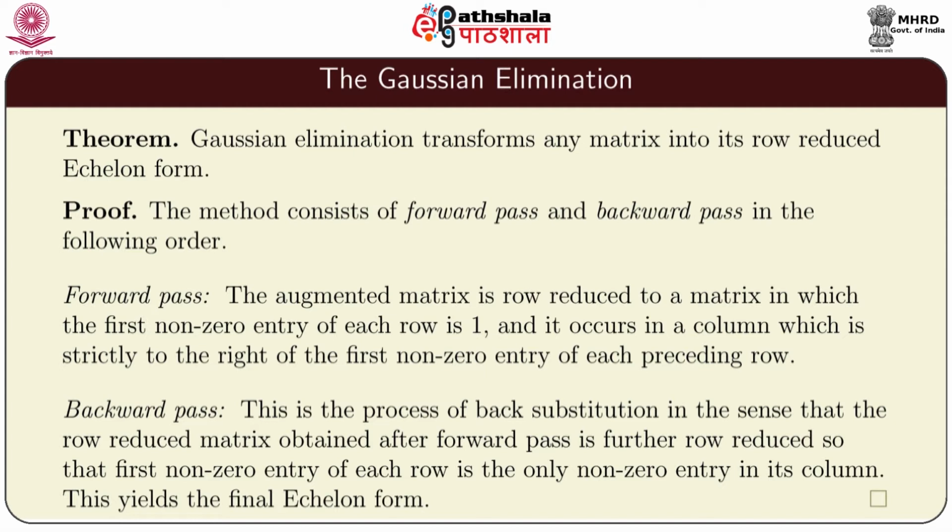What is that supposed to mean? After forward pass, we only achieved this much: the first non-zero entry was 1, and the first entry occurs on a column which is special in the sense that in the next row the first non-zero entry occurs on a column which is strictly to the right of the first non-zero entry of each preceding row.